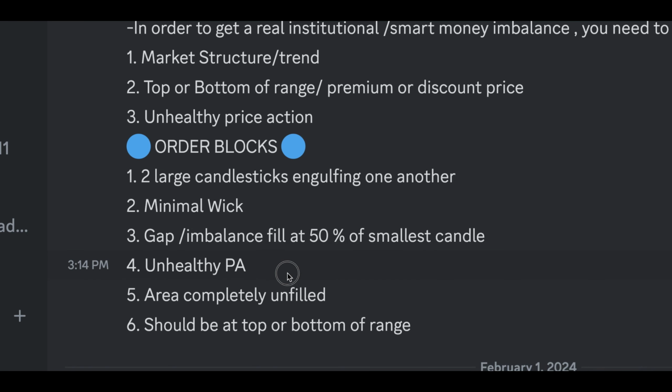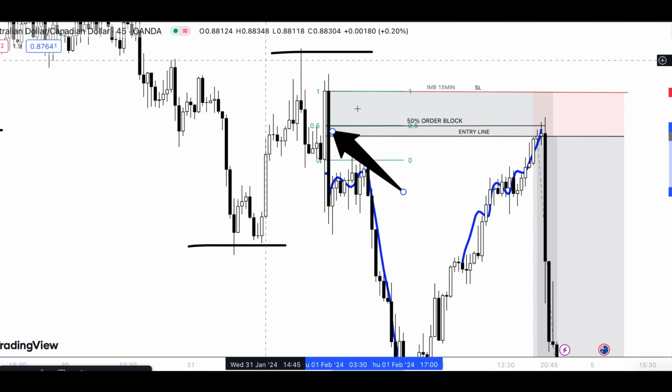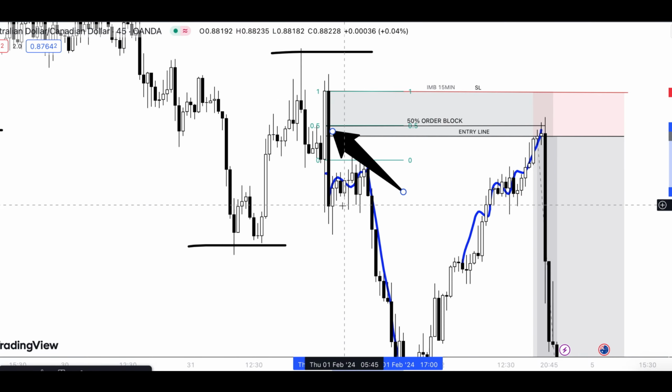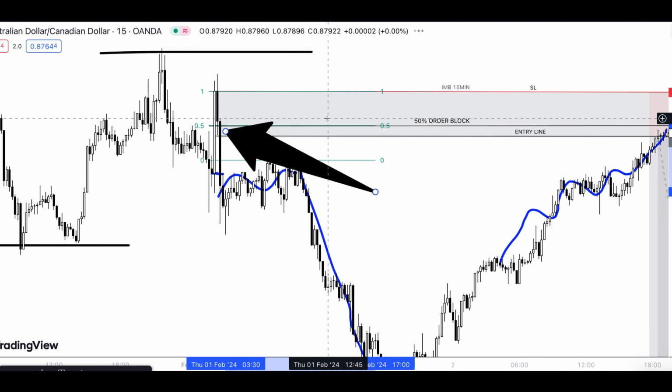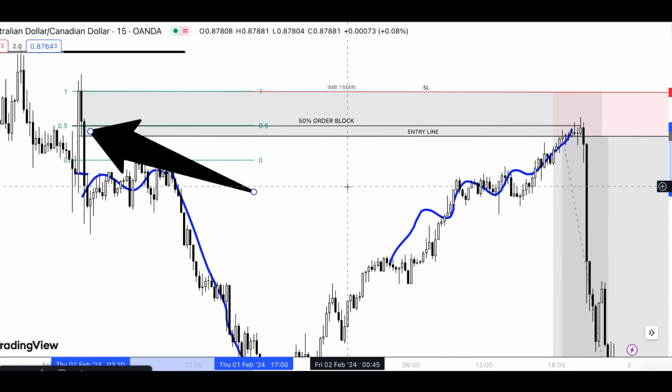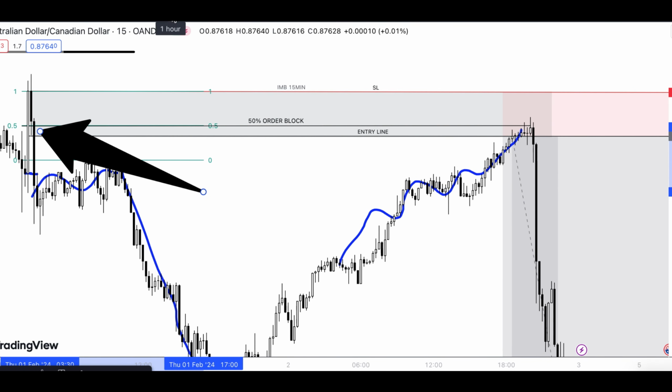And we had unhealthy PA, because after this order block, price generated unhealthy PA downwards, and so did the imbalance gap. Unhealthy price action is usually a result of news, the banks and institutions moving the market.